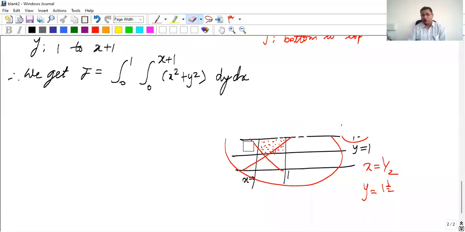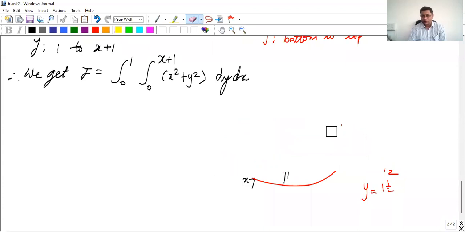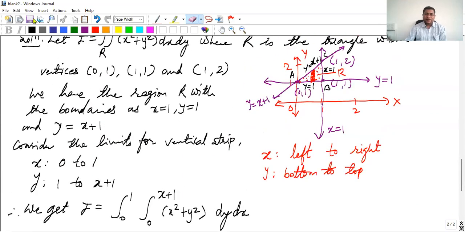So that's why we draw the vertical strip or the horizontal strip whenever required. We have to consider the strip, and then if I move this strip over the area, what will be the top of this strip and what will be the bottom of this strip.